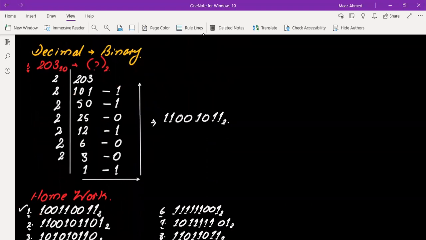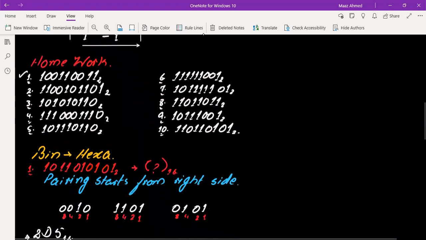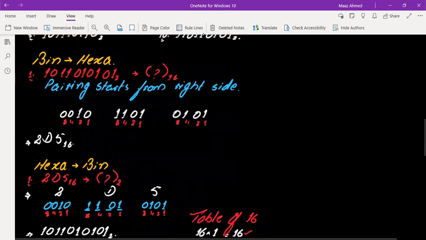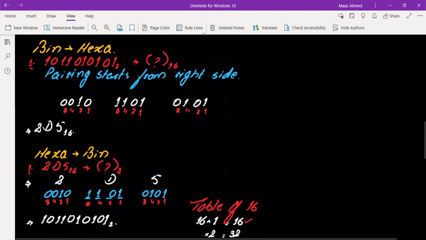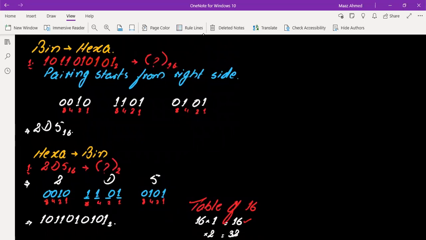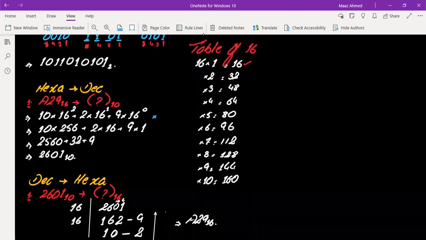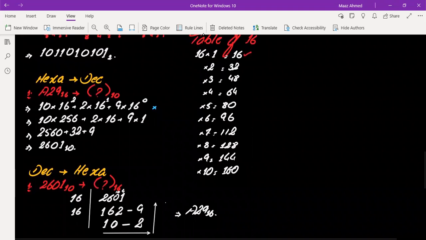Take the screenshot for this as well. That's your homework questions. Take the screenshot for all. That's binary to hexa and hexa to binary. Take the screenshots for both. That's your table of 16 and hexa to decimal. Take the screenshot. Now you can take the screenshot for table of 16, hexa to decimal, and decimal to hexa.